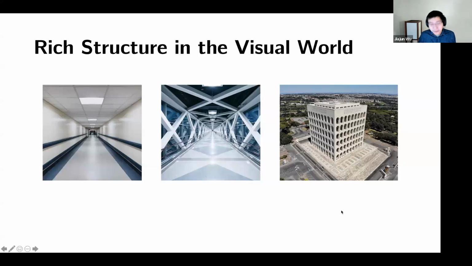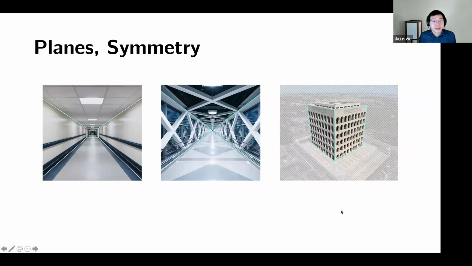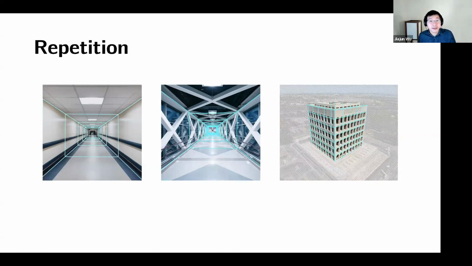So these kinds of structure often have several forms, right? One of them is that there are regular planes, and there's symmetry. It could be reflectional symmetry, rotational symmetry. There's repetition, in terms of objects, in terms of windows and lights, but sometimes in terms of the elements in the scene. So you find that there's actually some correlation.